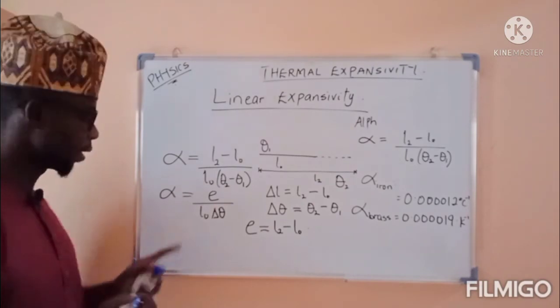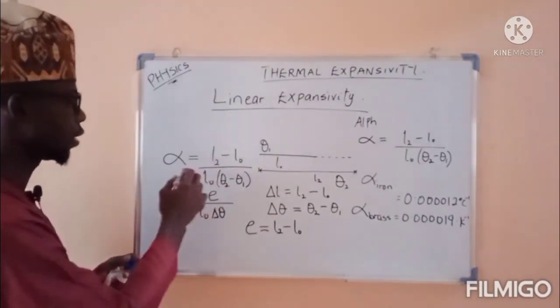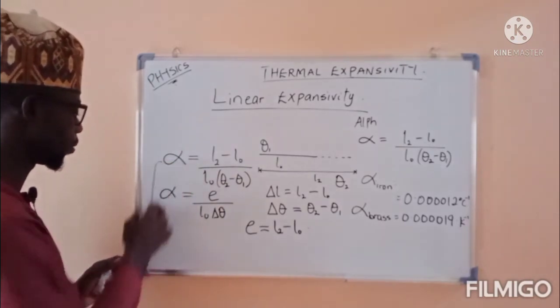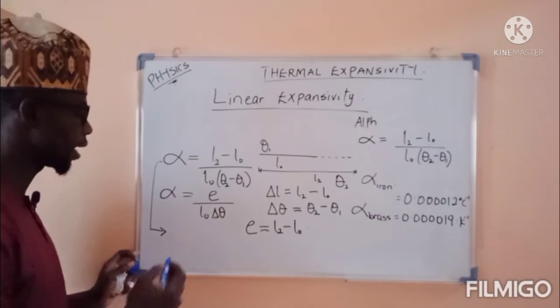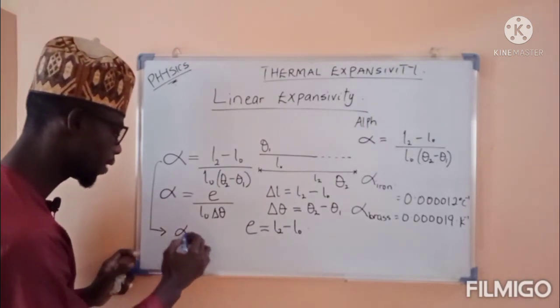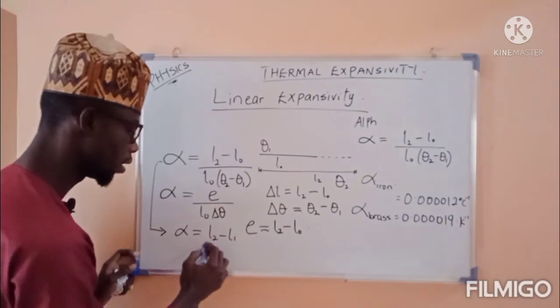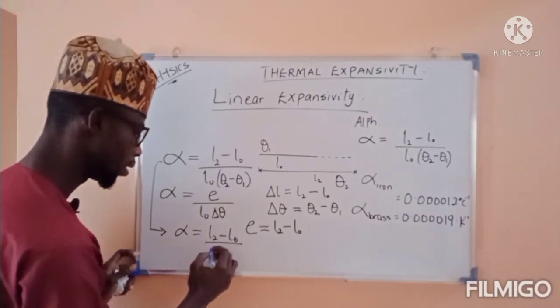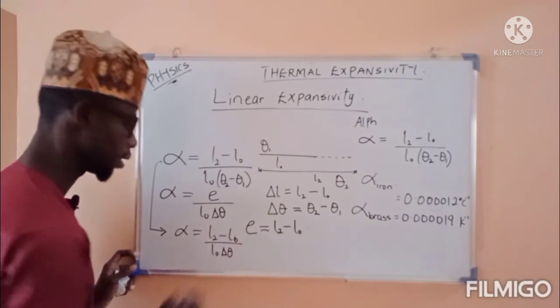Are we clear? From this, I can make L2, my final length, the subject of the formula. How do I get that? Alpha is L2 minus L1 or L naught, all over L naught change in theta.